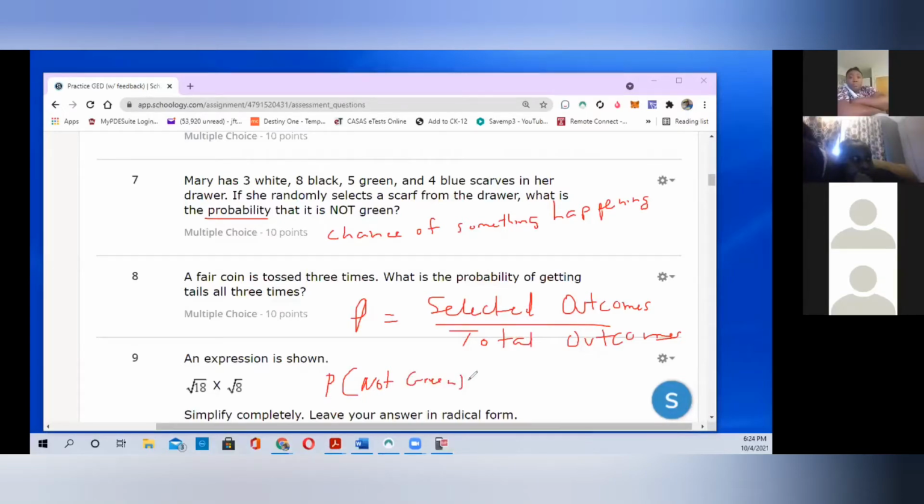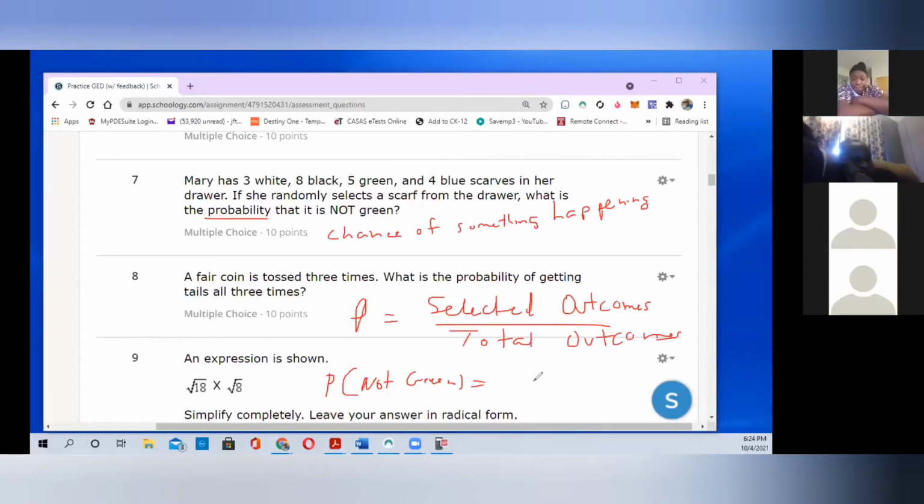How many of the scarves are not green? 15. So you were right with that.